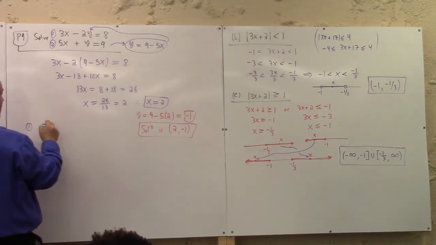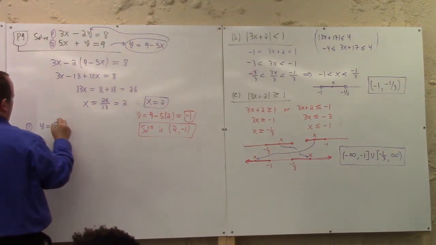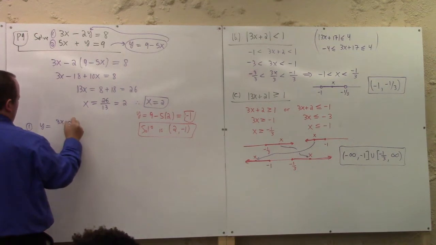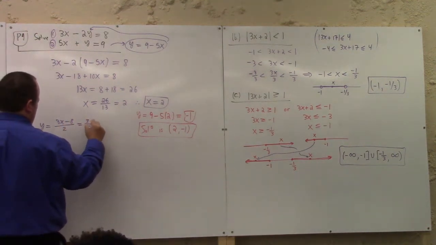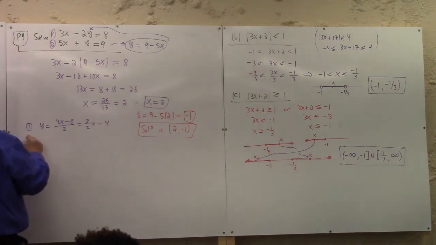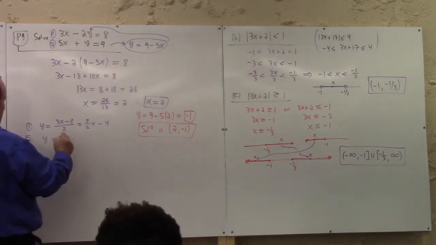We get y is equal to 3x minus 8 over 2, which is 3 halves x minus 4. And equation 2, if I solve that for y, that's easier: 9 minus 5x, all right.